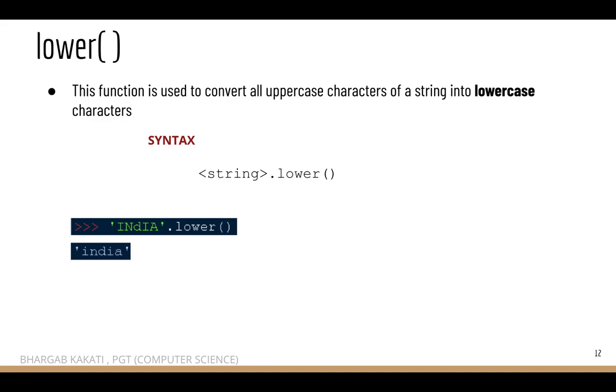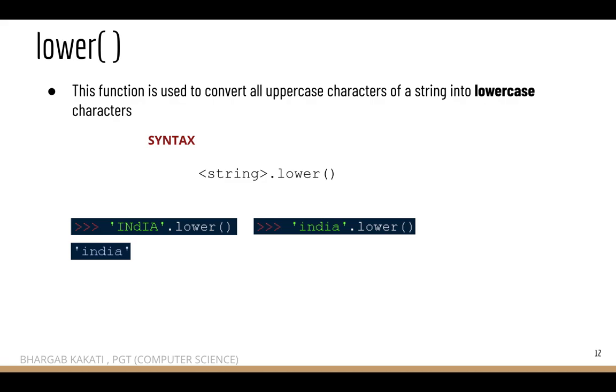We used this function in the previous part of this chapter while checking whether a string is a palindrome or not. In the input function, if you go through the previous video, you can see that after the input function, I gave dot lower. Dot lower means whatever string is entered by the user, everything will be converted into lowercase before proceeding.